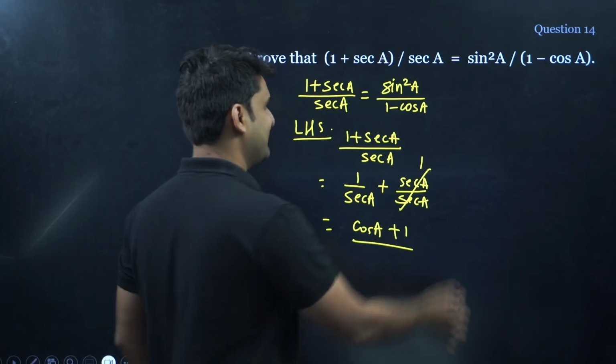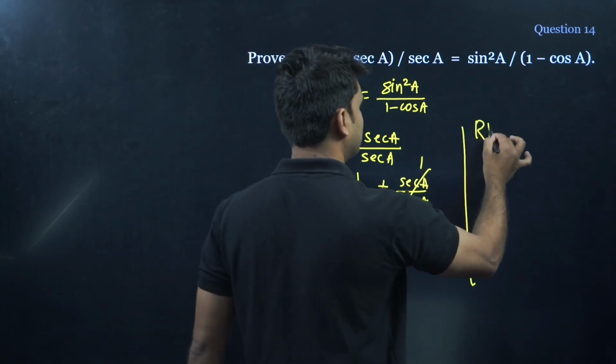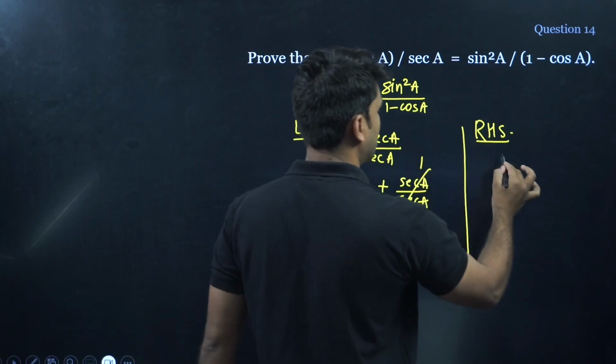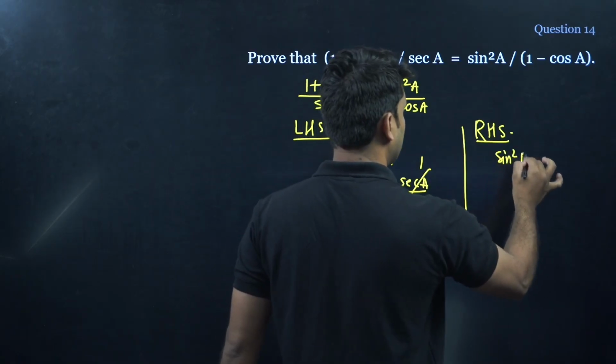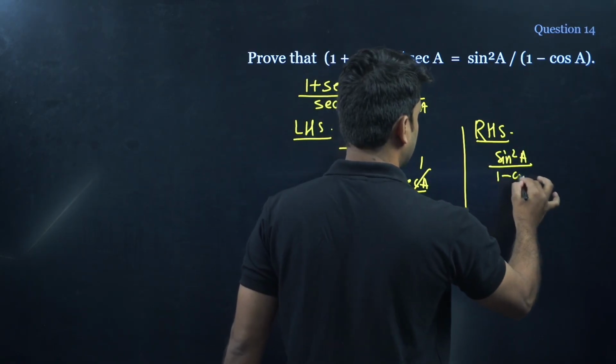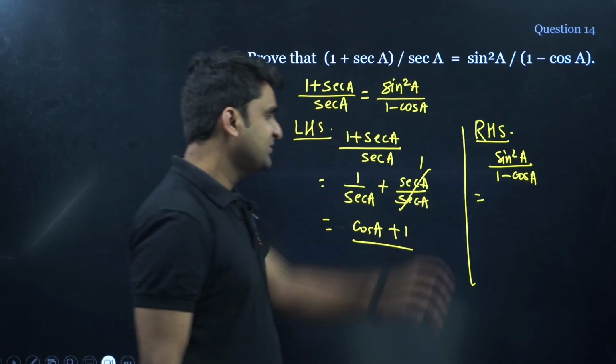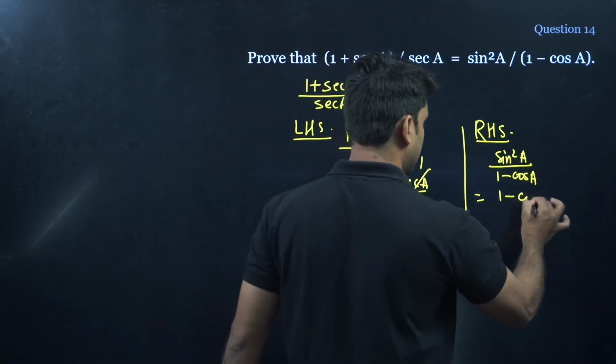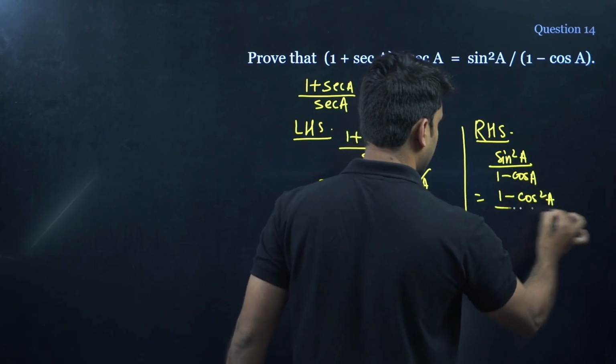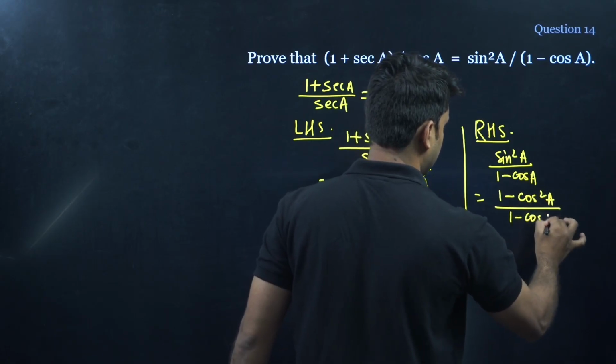This is not the answer. Now let's operate RHS. So RHS is equal to sine square A divided by 1 minus cos A, no problem. Sine square A can be written as 1 minus cos square A, and this is already 1 minus cos A.